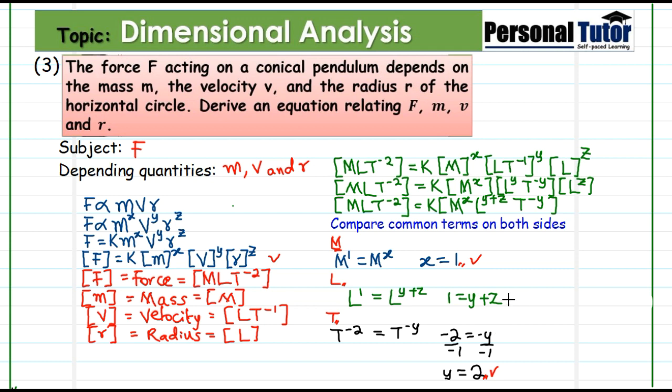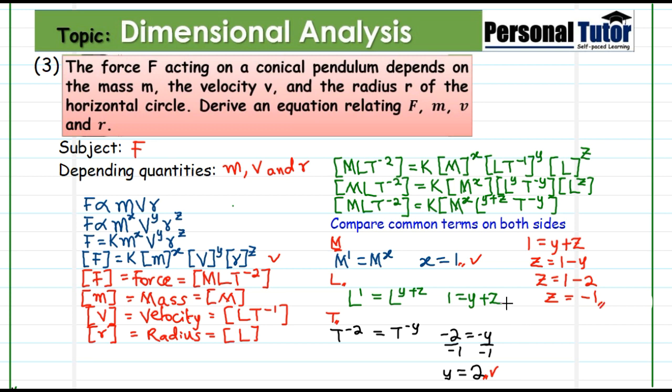From this equation, that is 1 equals y plus z, we can now find z to be equal to the y moved to the side, 1 minus y. Therefore, z is equal to 1 minus, then the position of y is 2. So the value of our z becomes 1 minus 2, amounting to negative 1.